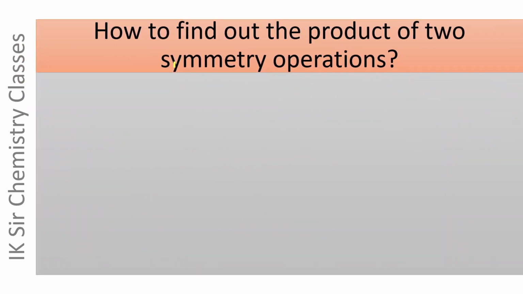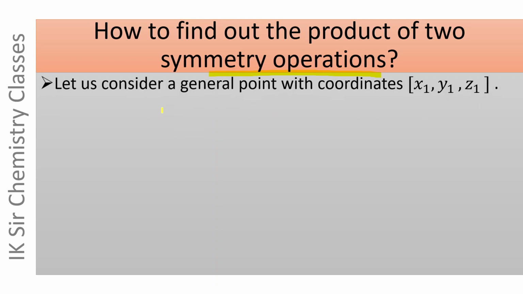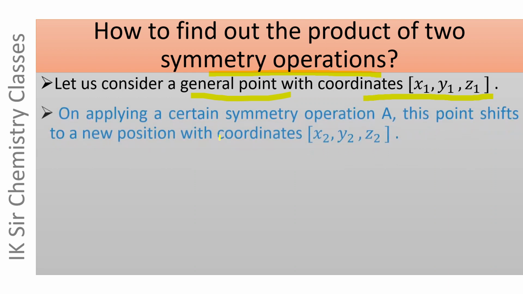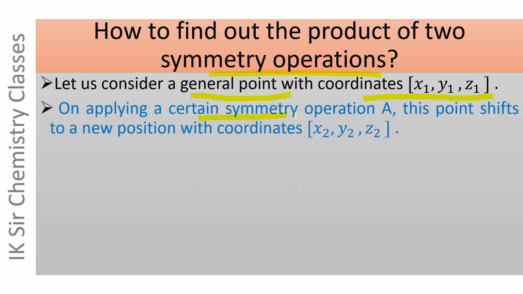Now the question arises how to find out the product of two symmetry operations. Let us consider a general point within the molecule with coordinates x1, y1, z1.